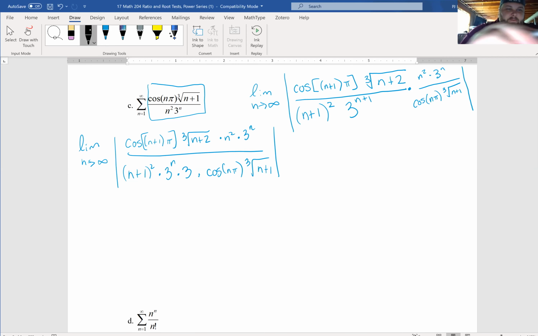So it really looks like the only thing I could break apart was this 3 to the n plus 1. So I'm going to cancel the 3 to the n's.